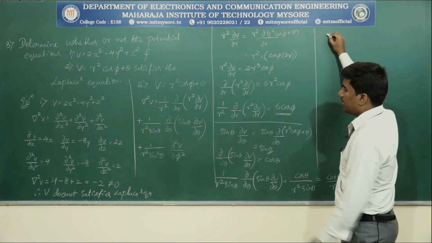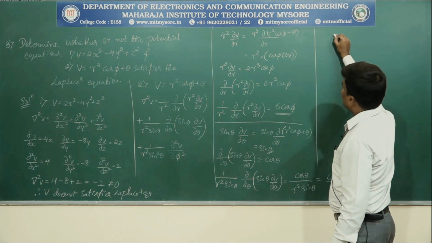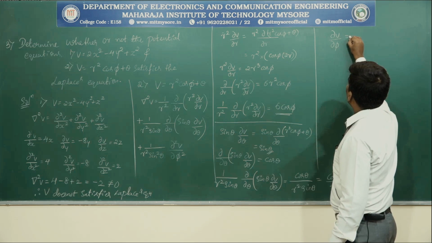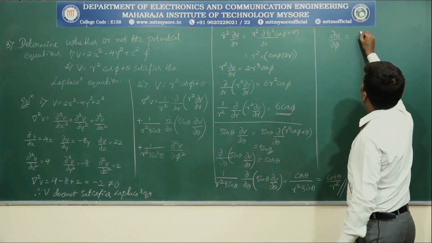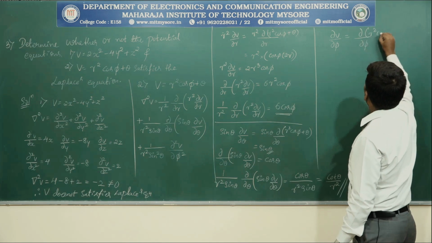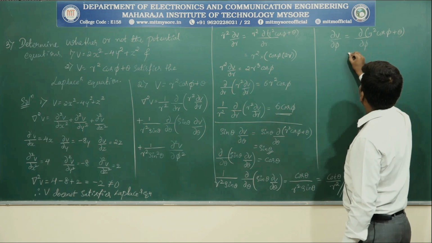Then coming to the third quantity, that is ∂²V/∂φ². So we need to do ∂V/∂φ first. ∂V/∂φ is equal to ∂/∂φ of (r² cos φ + θ). What are we going to get?